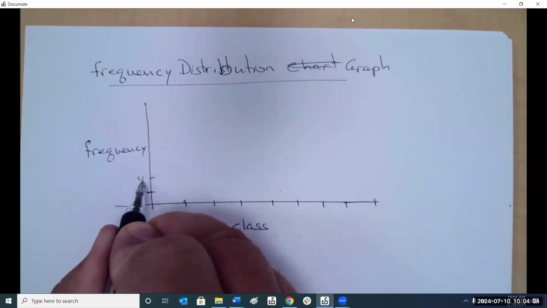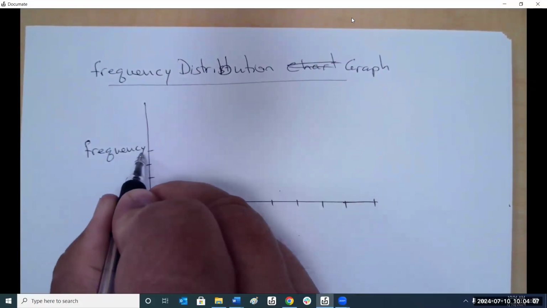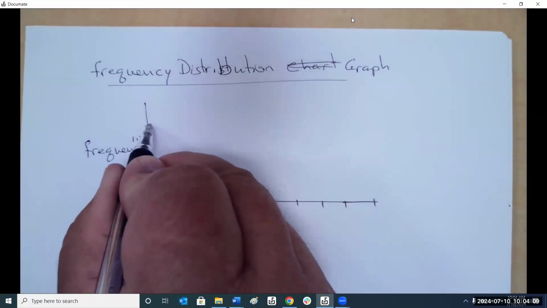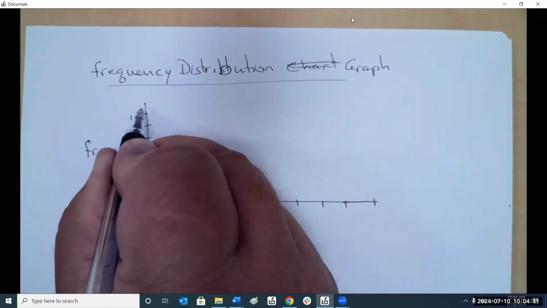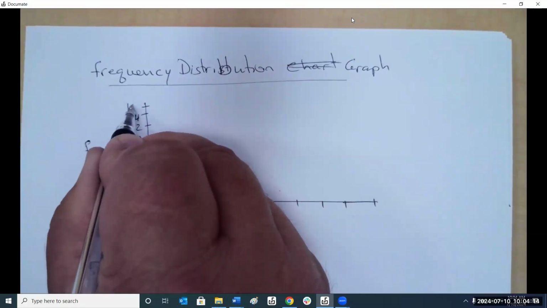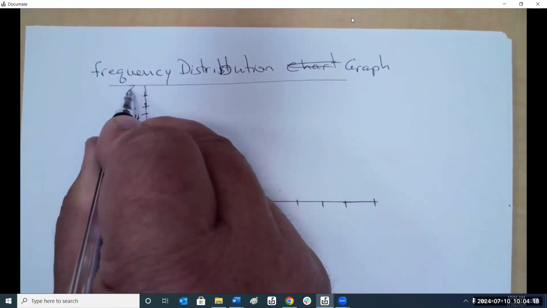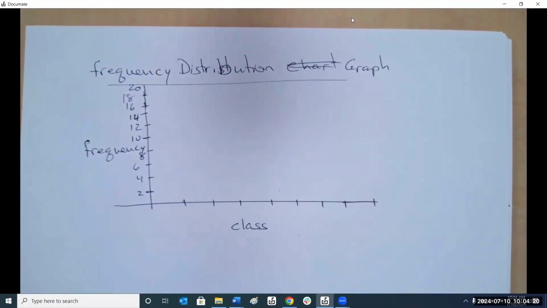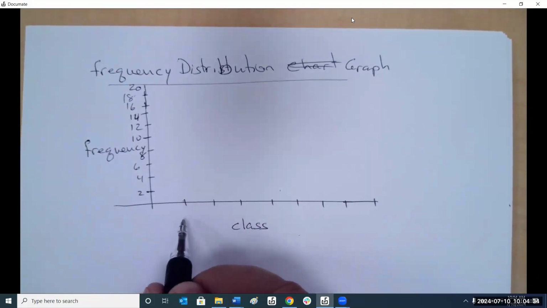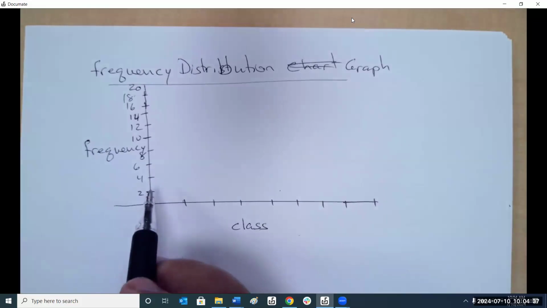Two, four, 6, 8, 10, 12. Now, this is our frequencies.